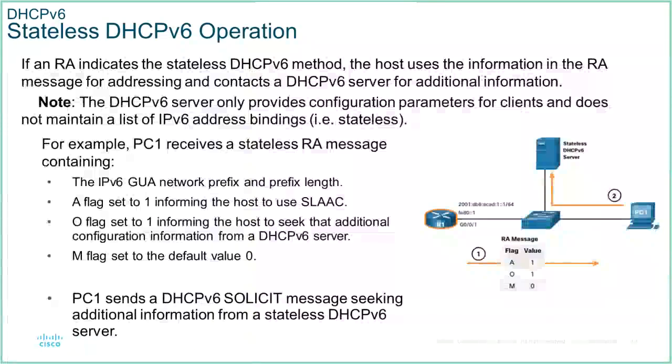Stateless. So when the router advertisement indicates a DHCP stateless method, the host uses the information within the advertisement to contact the server and then gets cracking. So it's not that much different.